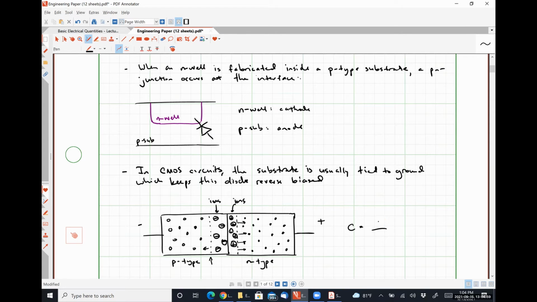That's not remotely right. C is equal to epsilon A over D. I'm getting my C is equal to Q over V relationship jumbled into my parallel plate capacitor relationship. So excuse me. C is equal to epsilon A over D.